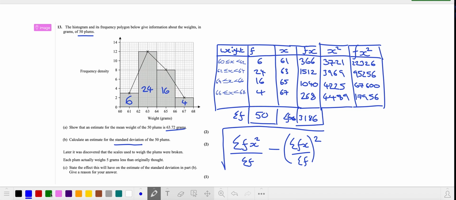Okay, so let's total all of those up to get our sum fx squared. 17,956 plus 67,600 plus 95,256 plus 22,326 comes to 203,138.